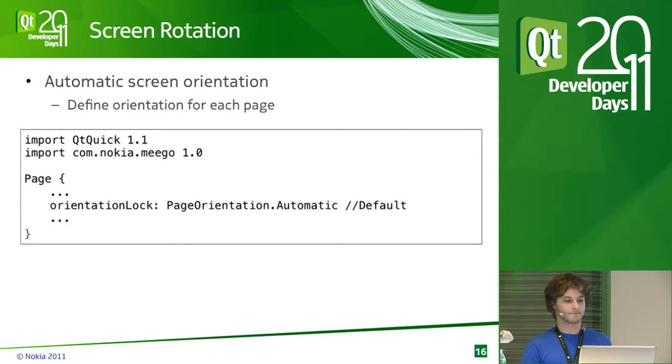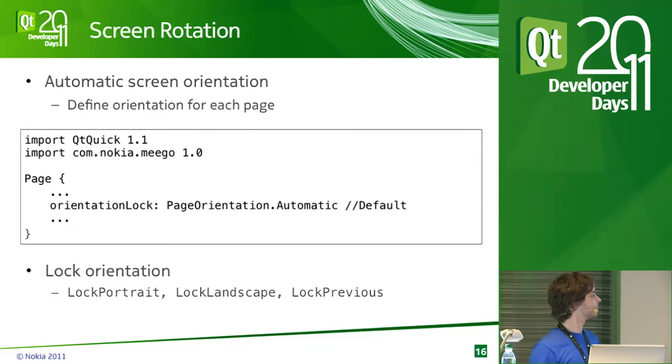As you can see here in this small sample code, for each page you have a property called orientationLock. By default, it's set to automatic. That means that if you rotate your phone, the page will also rotate. But you can change that to lockPortrait, lockLandscape, and lockPrevious.